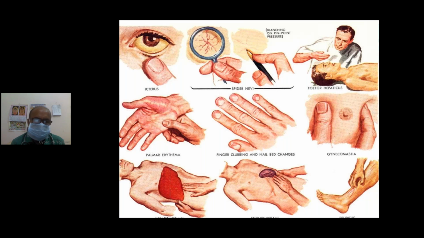Mark it and measure it in centimeters. Normal liver span is 10 to 12 centimeters. The commonest question asked is how do you examine the liver span? They also ask the bony landmarks of the liver, bony landmarks of the pleura, and bony landmarks of the lung.